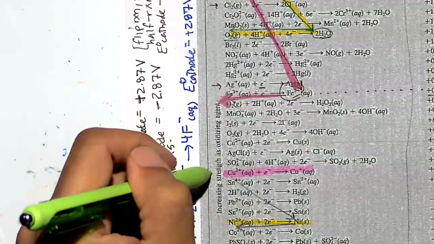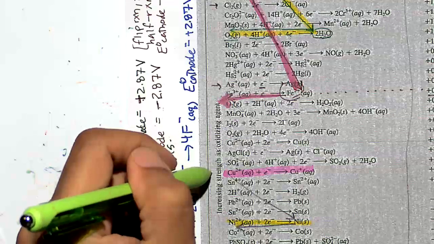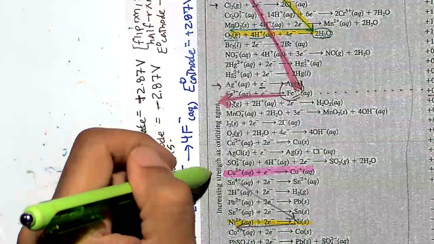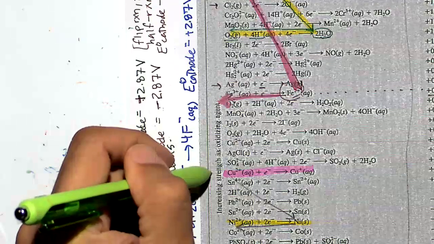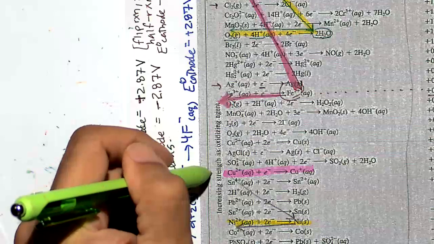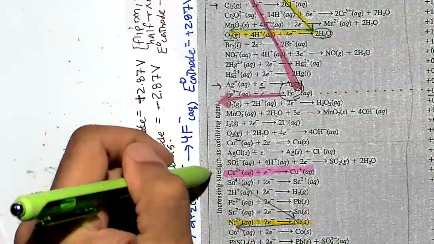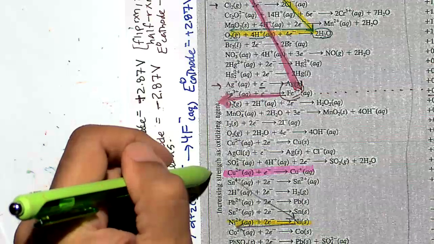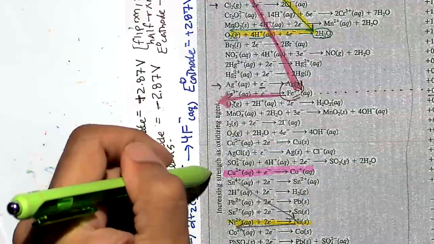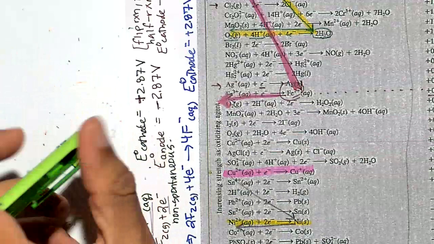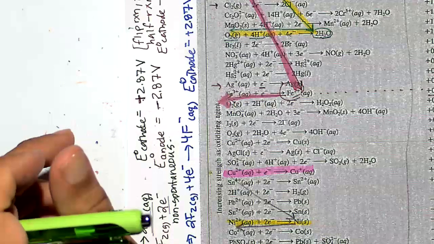What will you flip then? Not the one above, you flip the one you chose. And the one above, you keep the same. These are the two ways you can get a positive voltage.